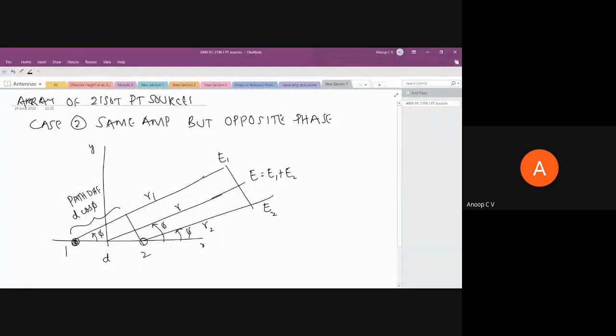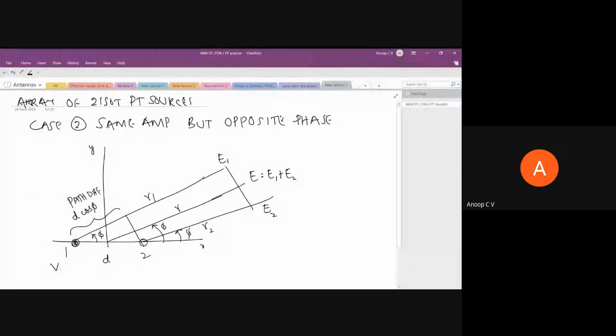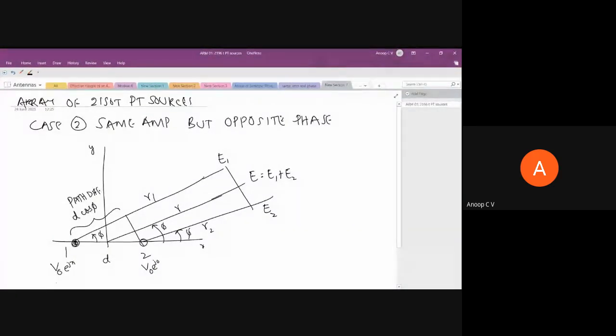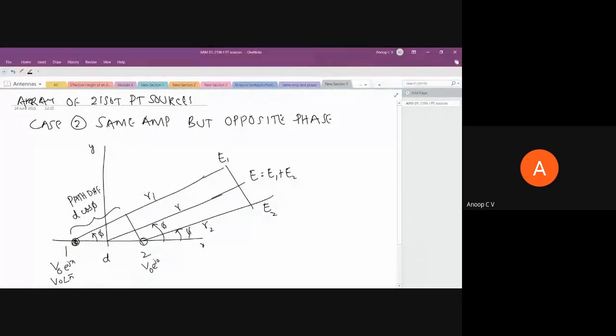But the problem here is that source 1 is excited with V0 e power j pi, and source 2 is excited with V0 e power j0, or V0 itself. Same thing I can write as V0 angle pi and V0 angle 0. So the sources themselves have a phase offset of 180 degrees.